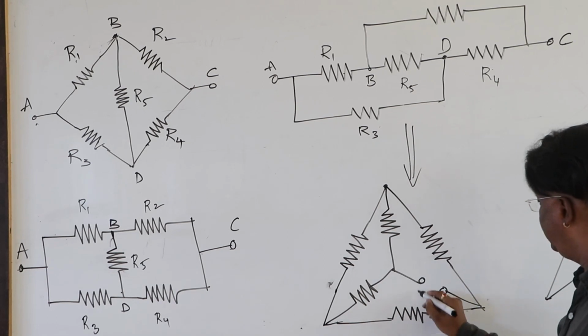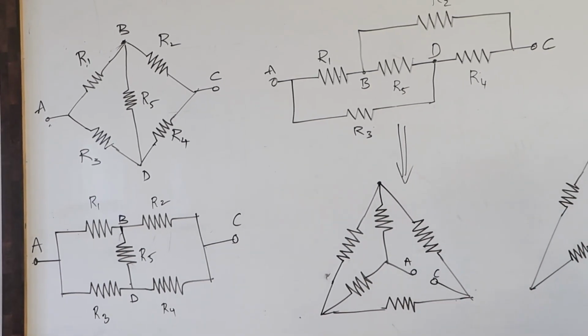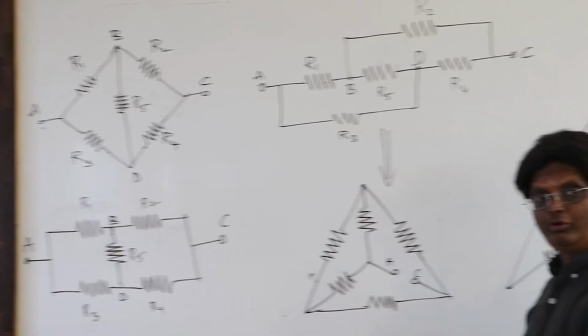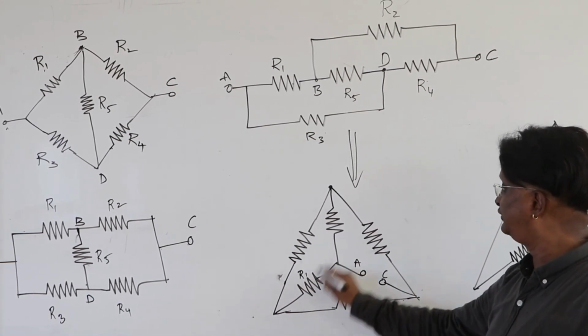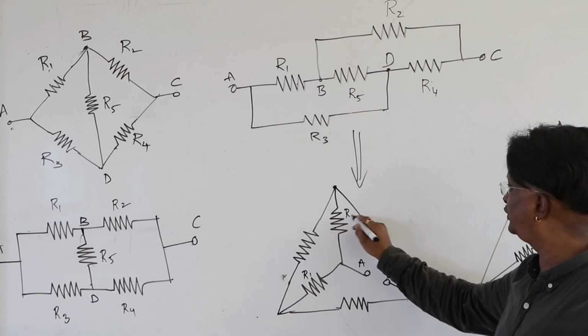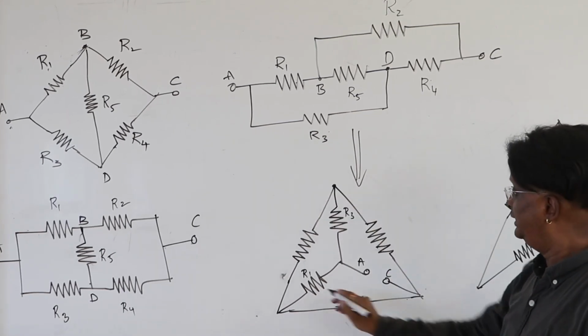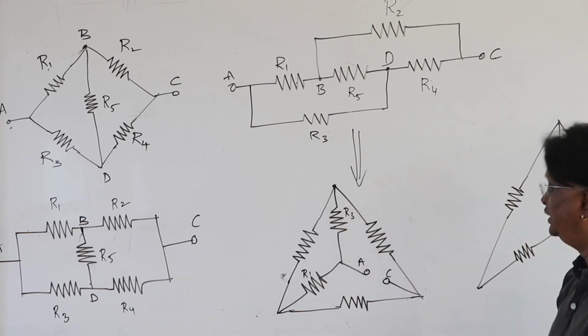Supposing I call these A and C, these are the open terminals A and C. Now you write all those R1, R2, BD points and all. Supposing if I call this R1, this should be R3, right? Because A is the common point for R1 and R3. Now for C it is R2 and R4.